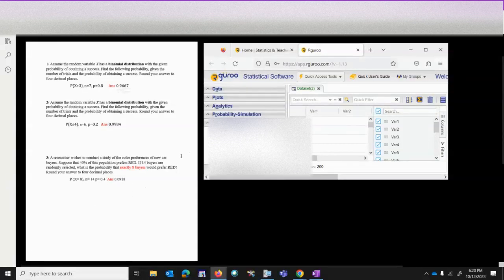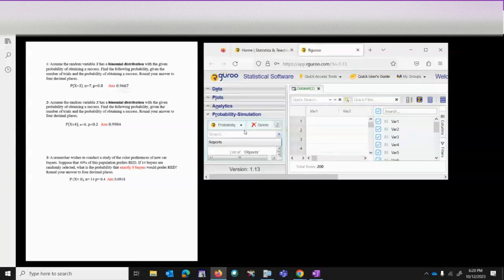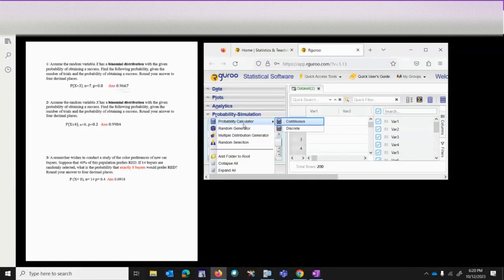Now what I'm going to do is go into probability simulation. If I hit probability simulation, it will take me to the probability, and then I hit the probability calculator, and under the probability calculator, you hit discrete.